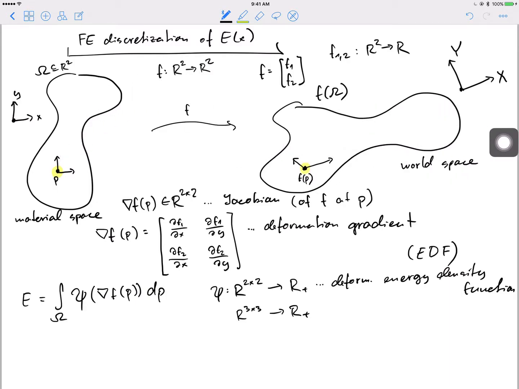So that's why we have these 2 coordinates. But it's easy to get confused about the coordinates, so I didn't even want to bring it up. I just need them to define the deformation gradient, because the deformation gradient depends on those coordinates, right? If I change the world space coordinates or the material space coordinates, the deformation gradient would change.